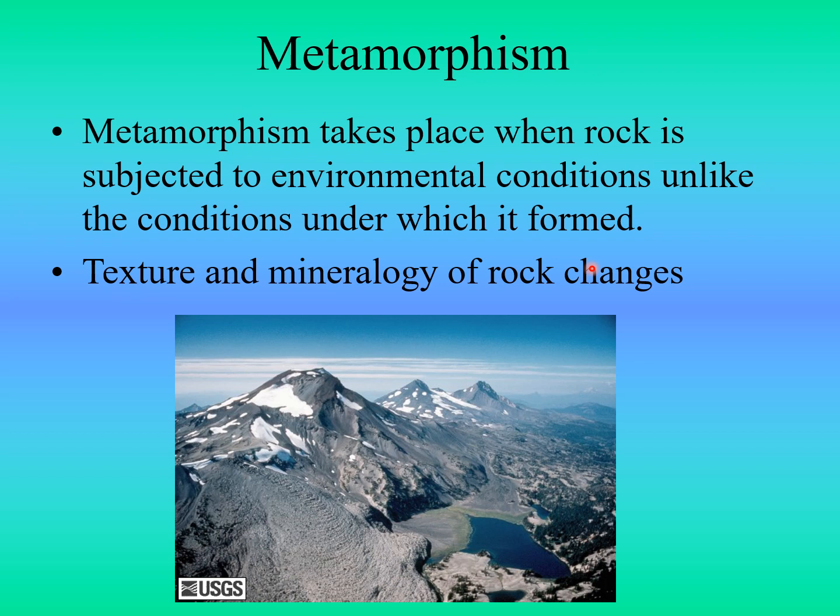And the key definition here is that metamorphism occurs when a rock is subjected to those environmental conditions like tectonics, and it alters it into a rock that is unlike the rock that came before it. So it tells us something about the conditions on the surface of the earth.